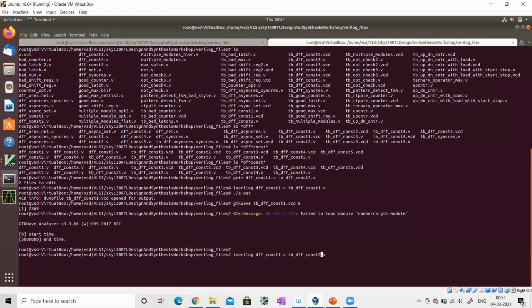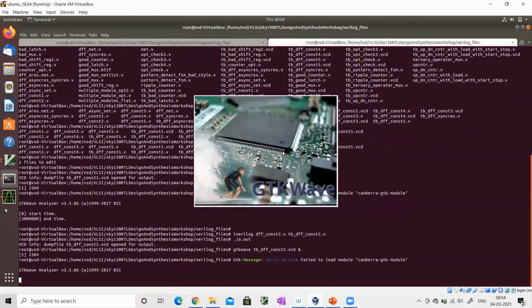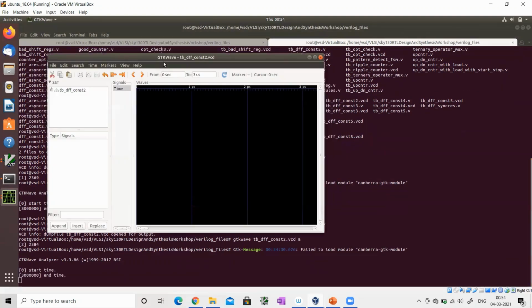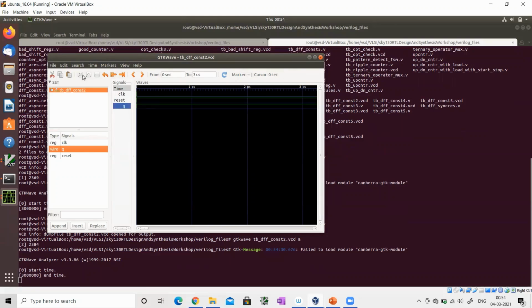let me load this design in the simulator. We'll see the output of both the waves side by side. So here also we have a clock, reset, and Q. I'm going to put this at 100%.